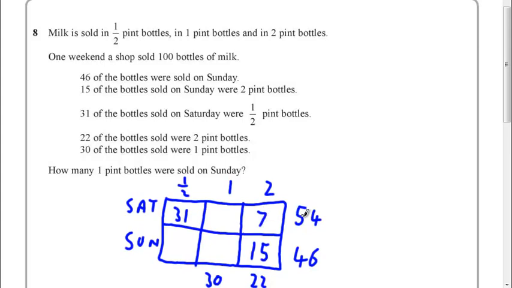And because this is 54 and this is 31 and that's 7, let's see, 31 and 7 is 38. If we take 38 from 54, that is 16. Check these in a minute anyway. Okay, that means we can work out this one. Total was 30, so it's 16, so this must be 14.